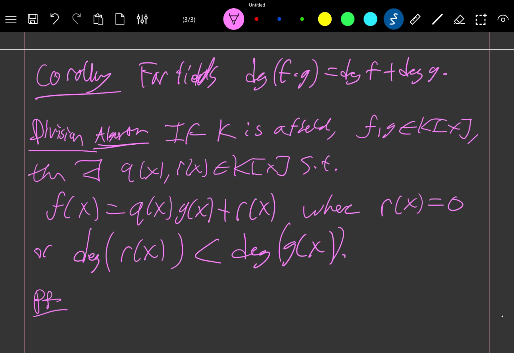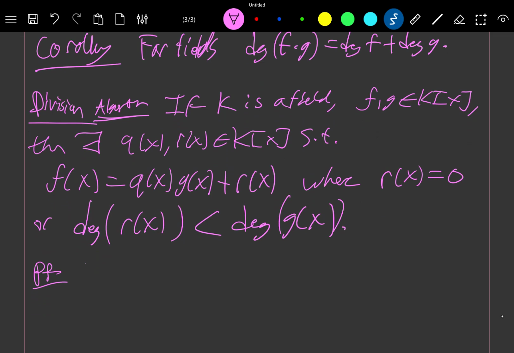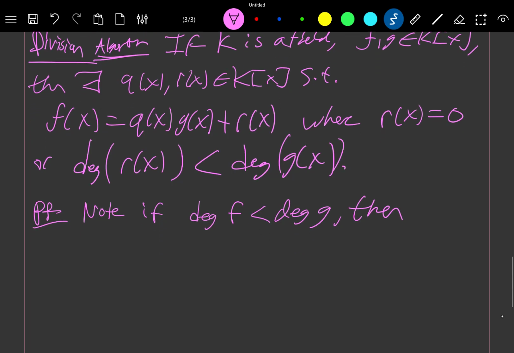So what we could do is we note, if the degree of f is smaller than the degree of g, then q of x equals 0 and r of x equals f works.